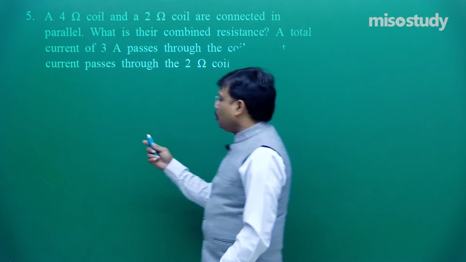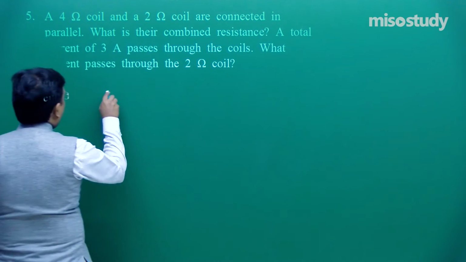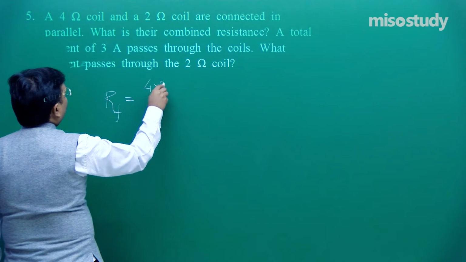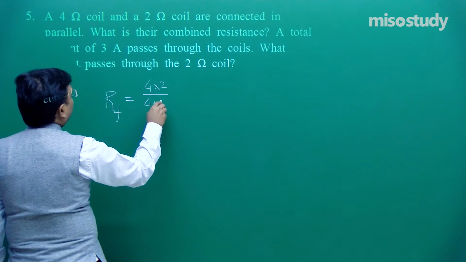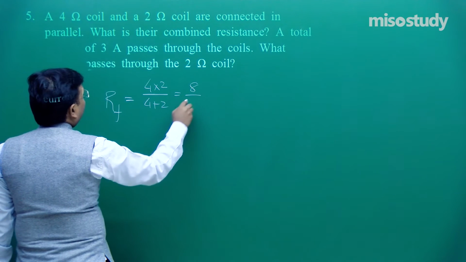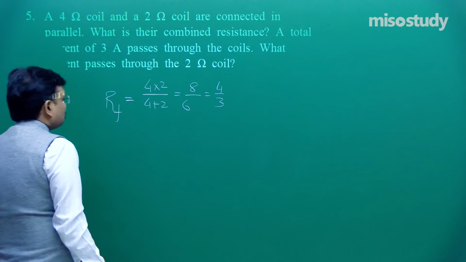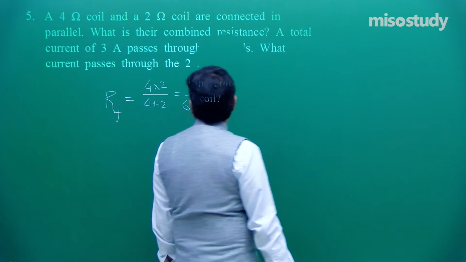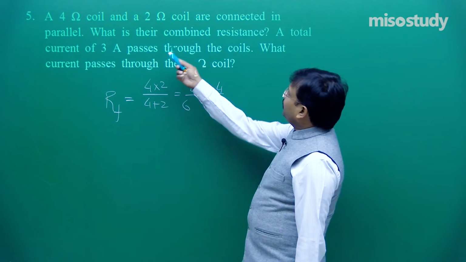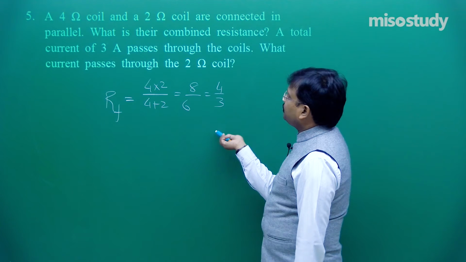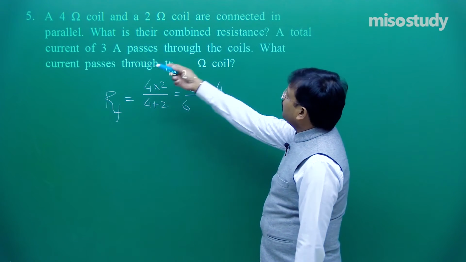So, R final is going to be 4 into 2 upon 4 plus 2, that is 8 by 6, that is 4 by 3, fine. What is their combined resistance? So, combined resistance, this is your answer, in parallel.